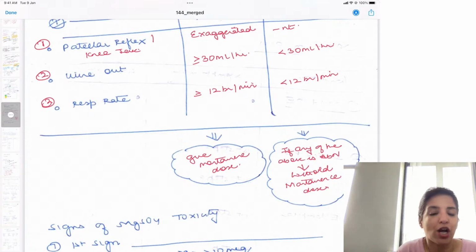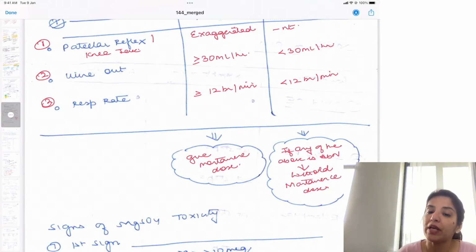So I am going to make a chart in which I write that the loading dose was given at 12 o'clock. Now after 4 hours I have to give maintenance dose. Before I give maintenance dose, I am going to check her patellar reflex, the urine output and the respiratory rate.